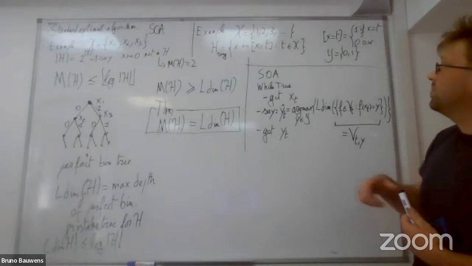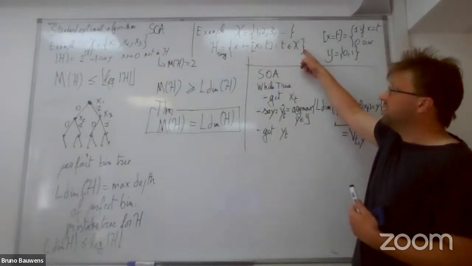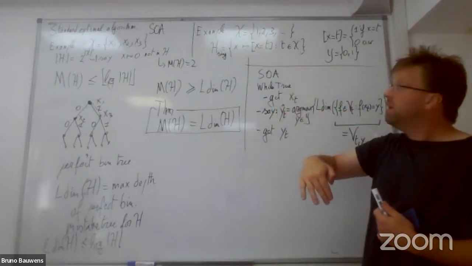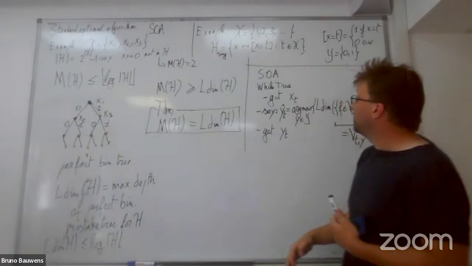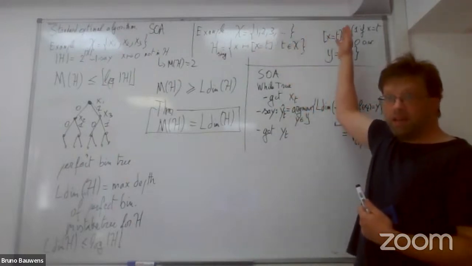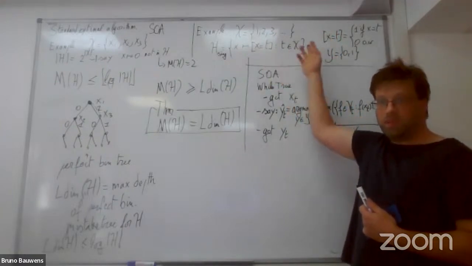So in the other example with singleton functions, indicators of singletons, we do the same thing. We predict 0. Because for the label 0, we will each time have infinitely many elements in the version space, until the moment we know which is the true function.